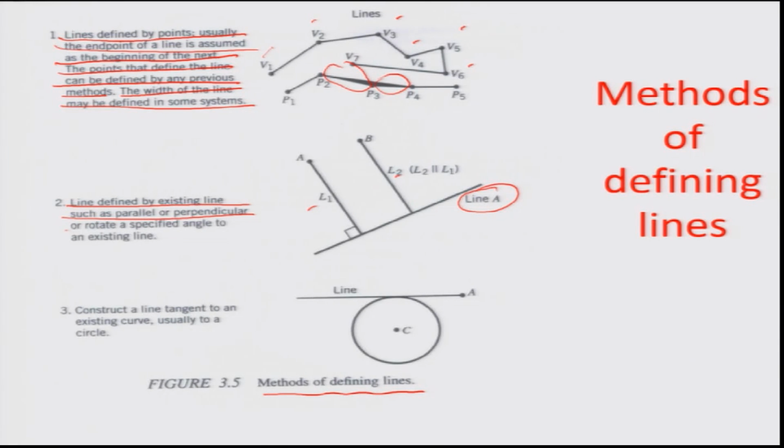You can rotate lines at a specified angle to an existing line, so there can be a definition of a new line through an angle, coming up because of rotation with respect to either a point or a line. You can also construct a line tangent to an existing curve, usually a circle. For example, there is a circle C in space and a line comes up by virtue of being tangent to that circle at a certain point. So, these are some of the ways of defining lines.